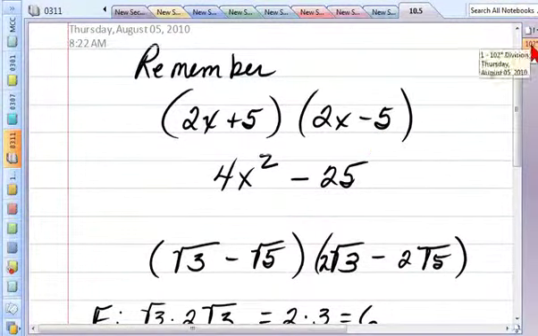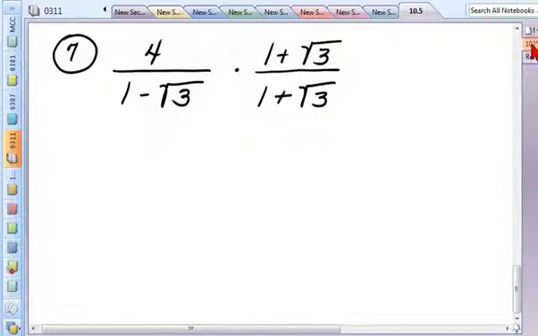So, back to our lesson. Those of you who are taking notes, you kick in right now. If I multiply the denominators as sum and differences, then I will always get a rational answer. Now, there is a name for the relationship between those two. We talked about reciprocals, we talked about opposites.